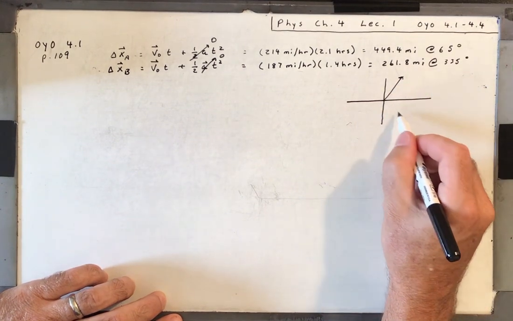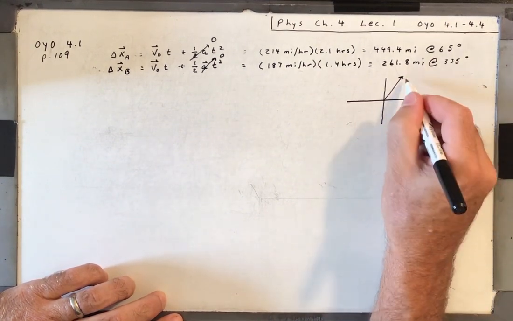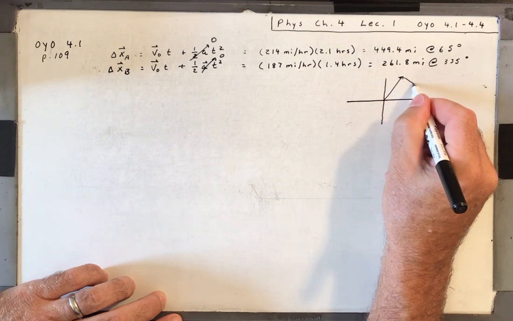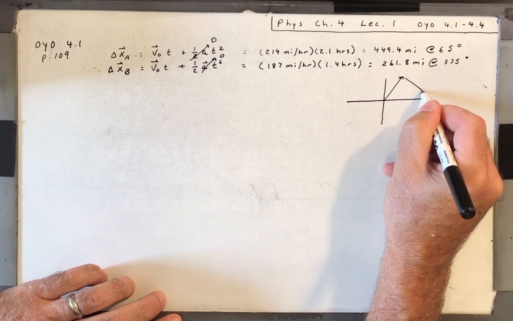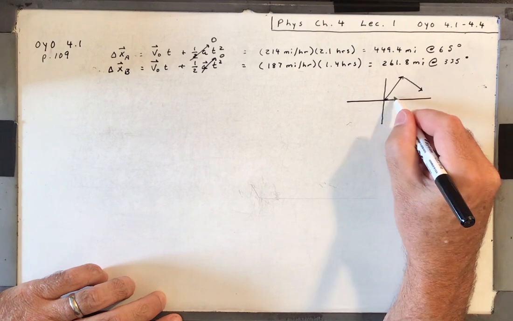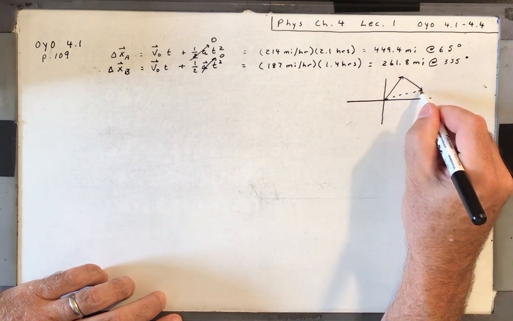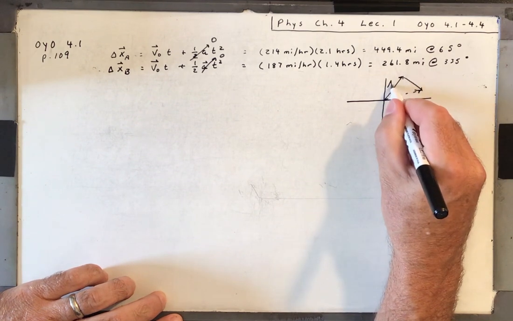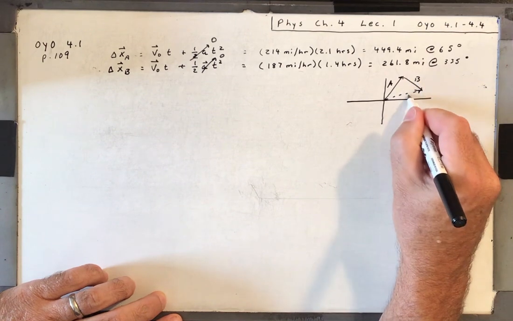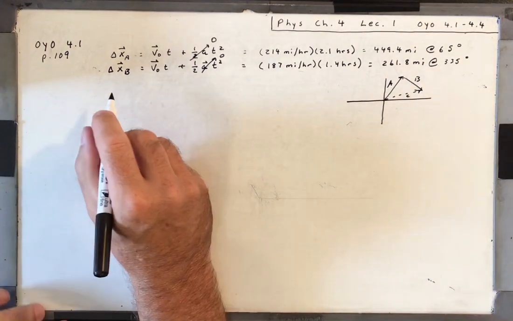And then 335 would be down this way. So my expectation is I'll end up in the first quadrant at a fairly shallow angle. Okay, so let's go ahead and just chart it out.